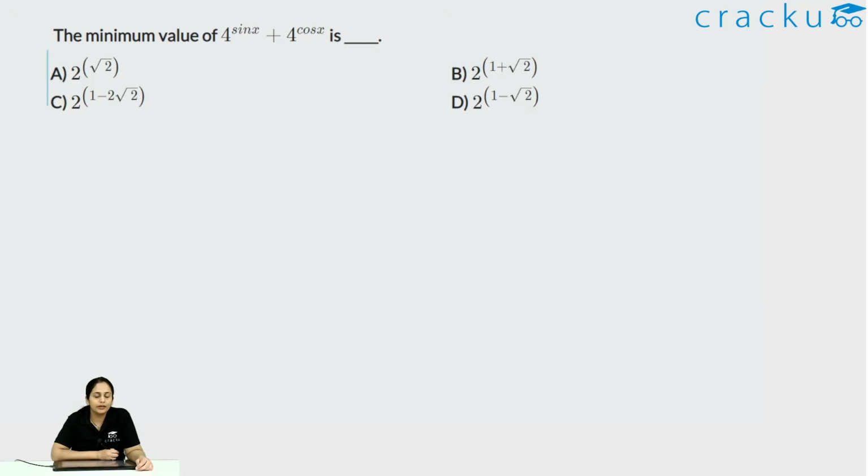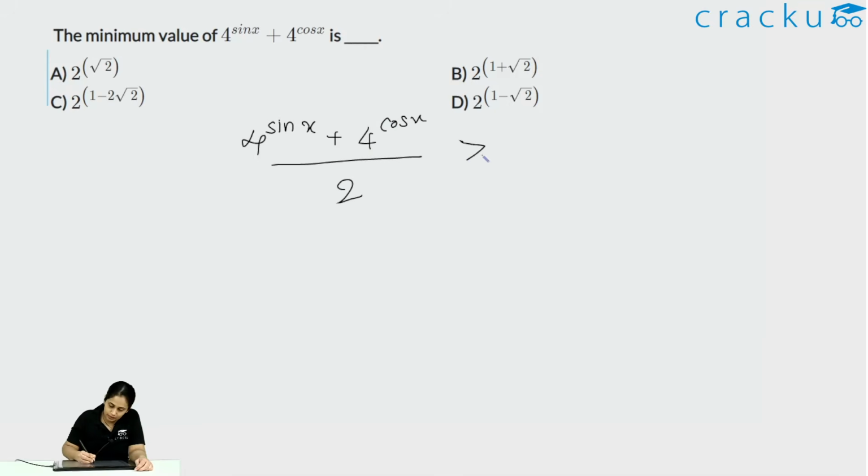So let's take a look at the question. The question is, the minimum value of 4 raised to sin x plus 4 raised to cos x is what? In this particular case, we are asked the minimum value of a sum. So by the AM-GM property, we know that 4 raised to sin x plus 4 raised to cos x divided by 2, which is the AM, has to be greater than or equal to the square root of 4 raised to sin x into 4 raised to cos x, the square root of the product.